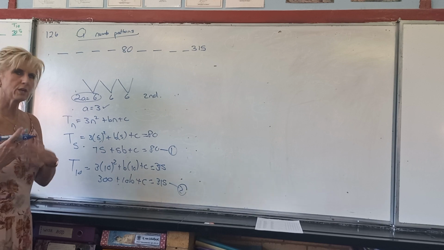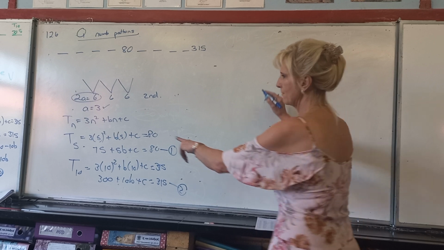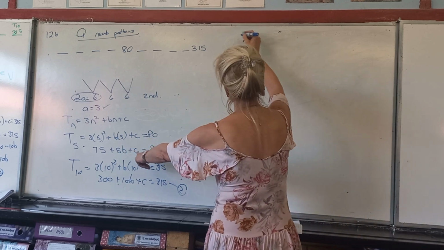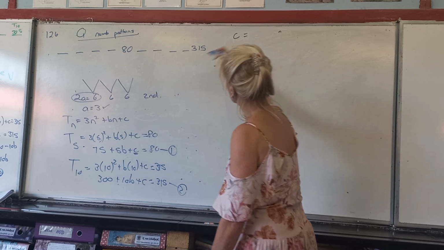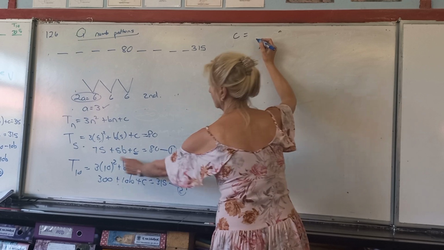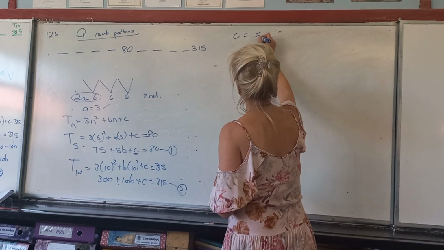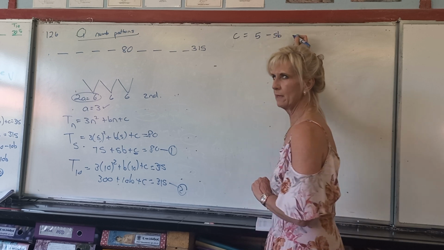The one that we generally, normally, mostly work with is substitution. So let's say, if we make c the subject, we're going to have c is equal to 80 minus 75, which is going to be 5, and then minus 5b. That's equation 1.